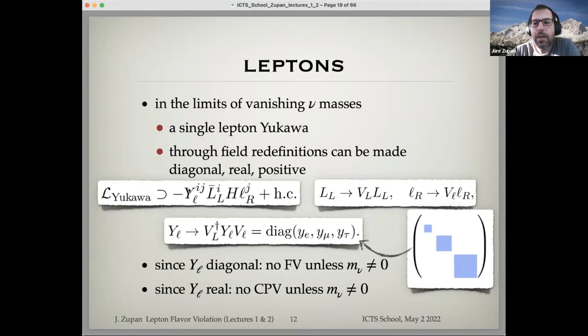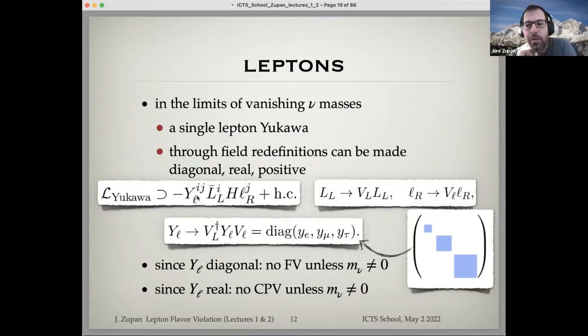And you see that since now we only have one 3x3 complex matrix, we can use a field redefinition. So the unitary transformation on the left-handed fields and the right-handed fields, such that this 3x3 matrix is made diagonal.